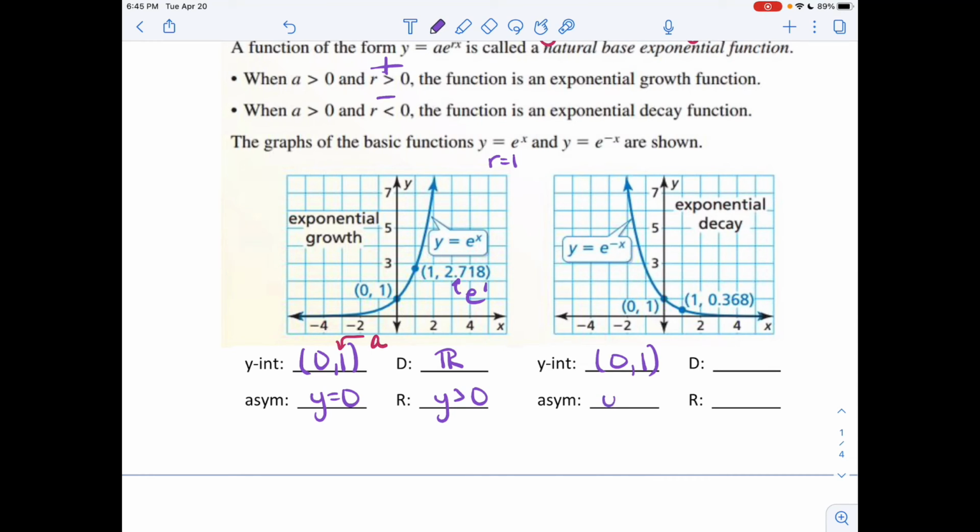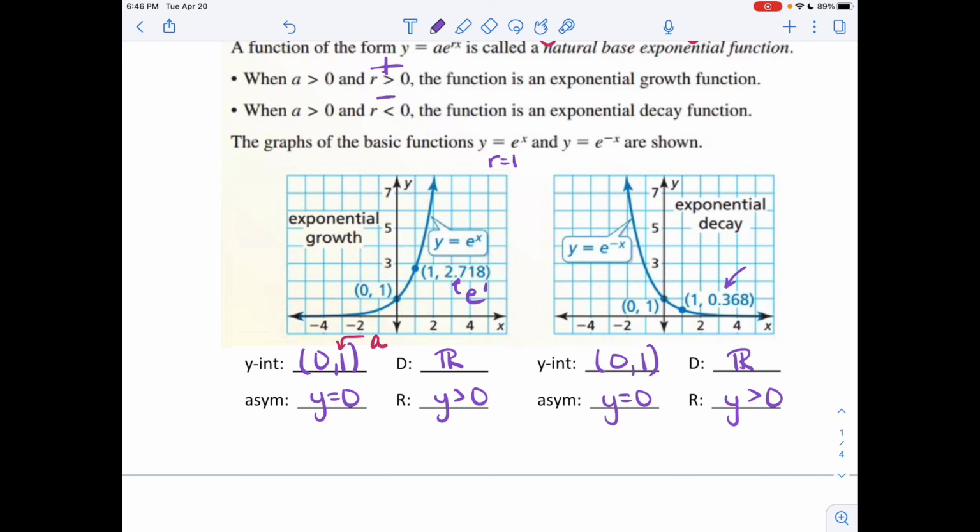Our asymptote, again, is at y equals 0, domain of all real numbers, and range y greater than 0. So all of these basics are the same as the basics that we saw for our regular exponential function last time.